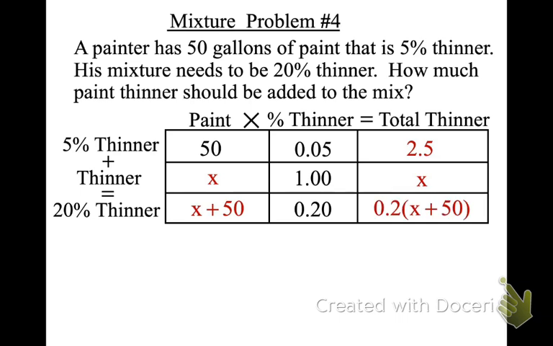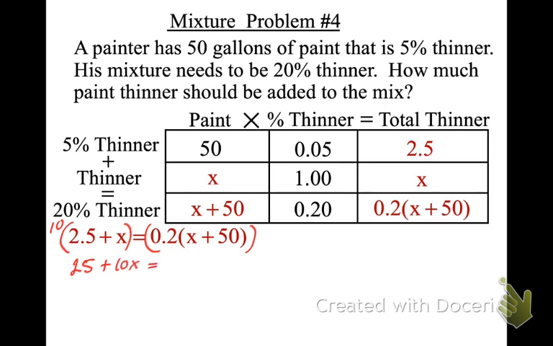Okay, when I multiply that out, I get 2.5. My equation is this. I would like to get rid of those decimals, so I'm going to multiply both sides of the equation by 10. So I get 25 plus 10x equals 2 times the quantity.